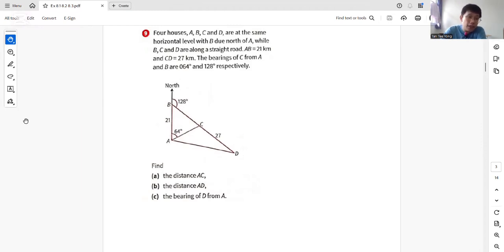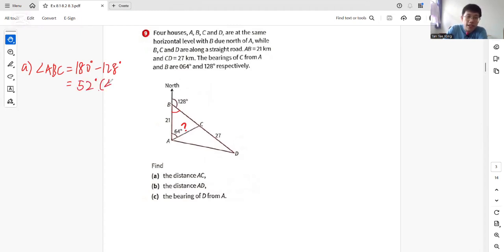How do we find AC? We want to find this. There are many ways to do it, but first I want to find my angle ABC. So angle ABC equals 180 degrees minus 128 degrees, which gives me 52 degrees.